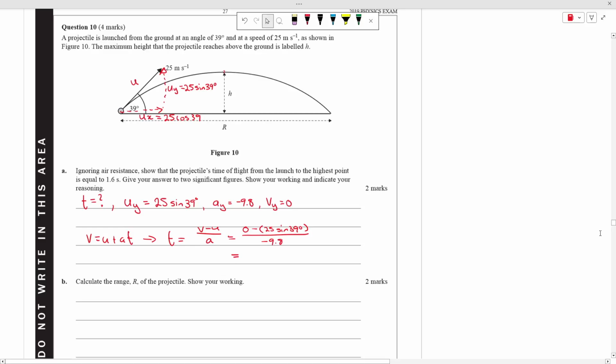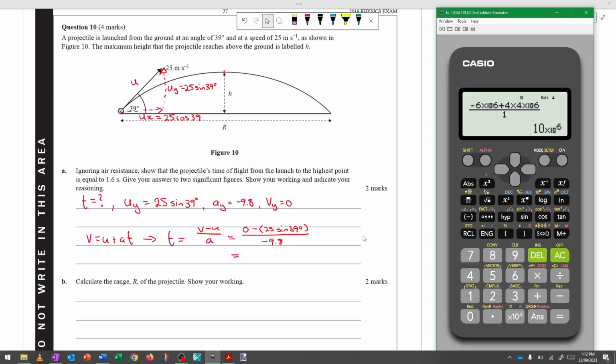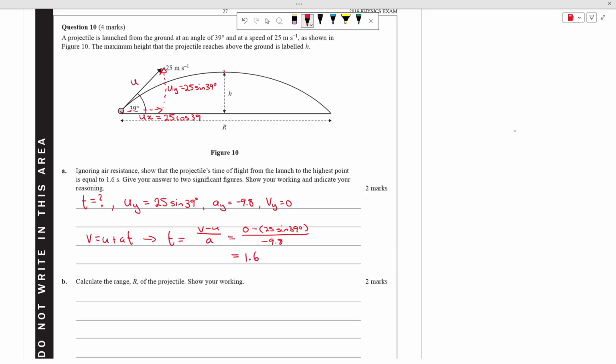That's nice. So we've got 25 times sin 39 over 9.8, 1.6. There we go. Matches what they're telling us it is.